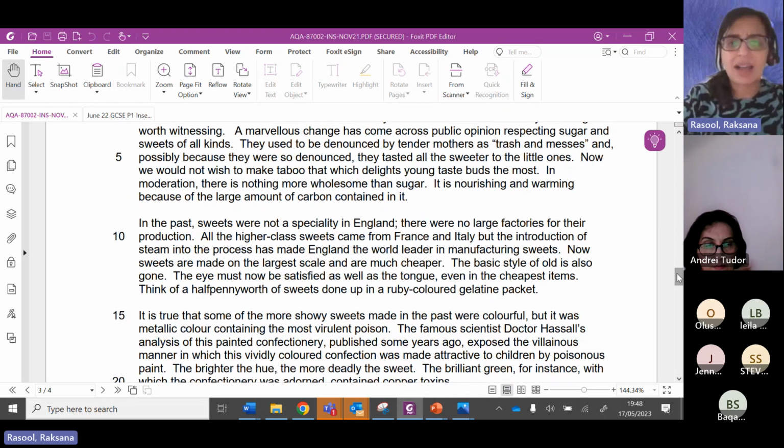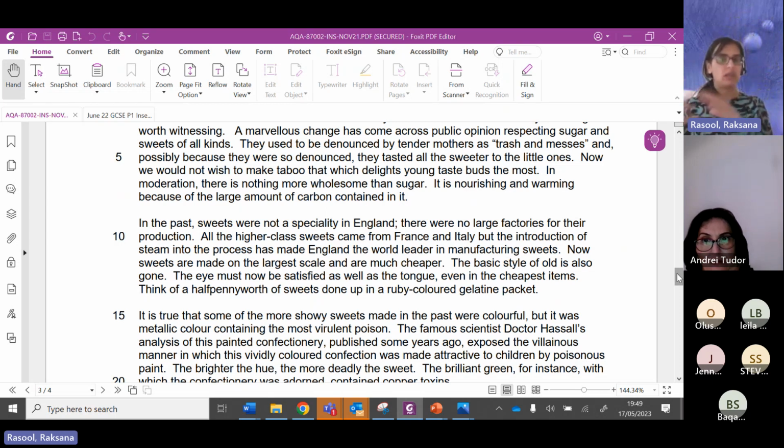In the past, sweets were not a speciality in England. There were no large factories for their production. All the higher class sweets came from France and Italy. But the introduction of steam into the process has made England the world leader in manufacturing sweets. Now, sweets are made on the largest scale and are much cheaper. The basic style of old is also gone.